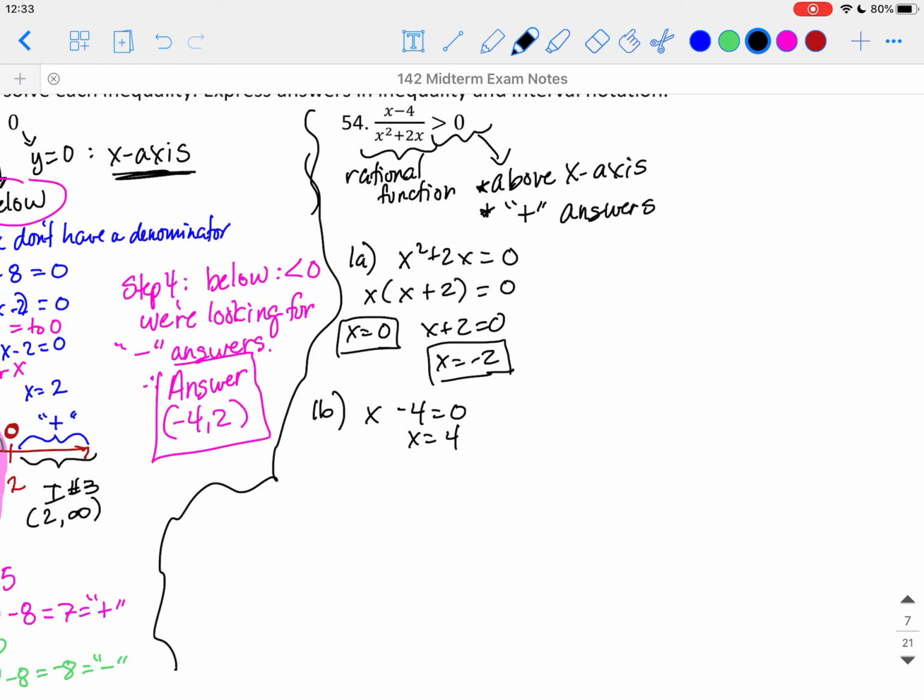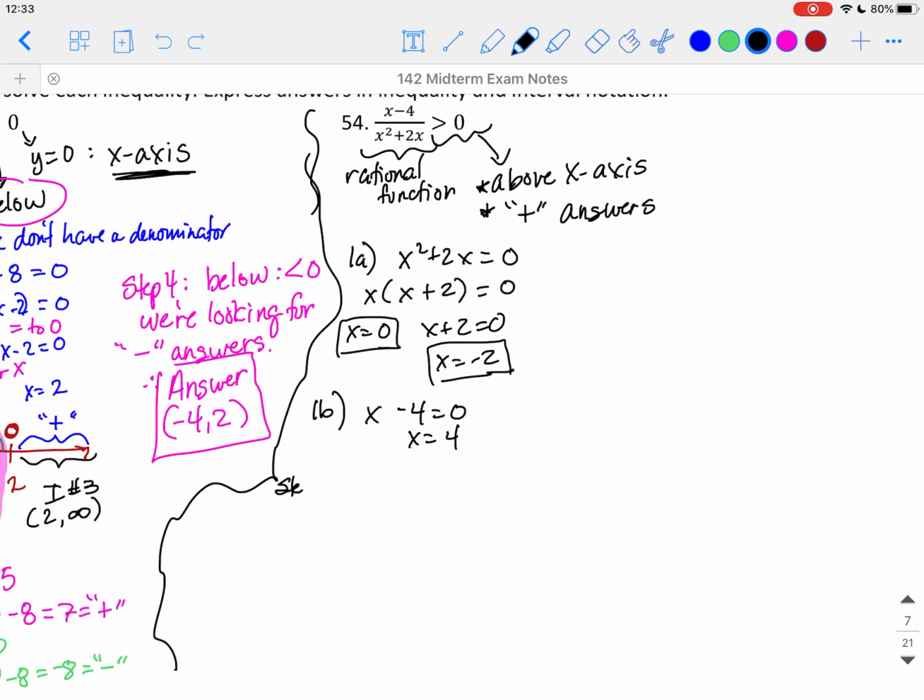Again, you can graph it. And we also know that at x equal to 4, the numerator is going to be 0, so my answer is going to be 0 for that fraction. Okay, so let's put that in step 2, what I just said.